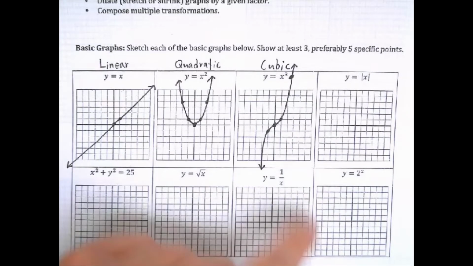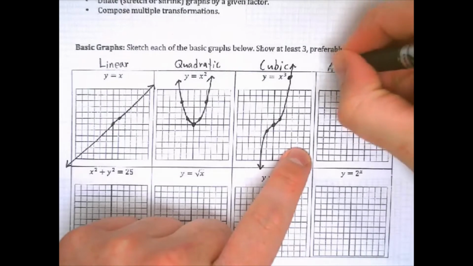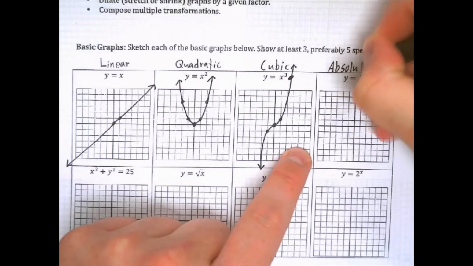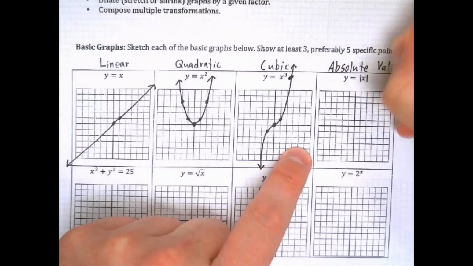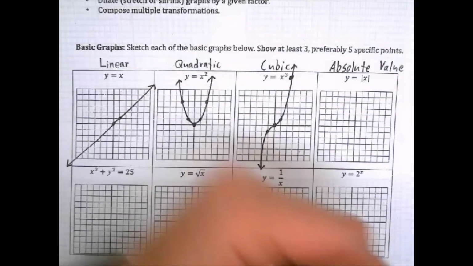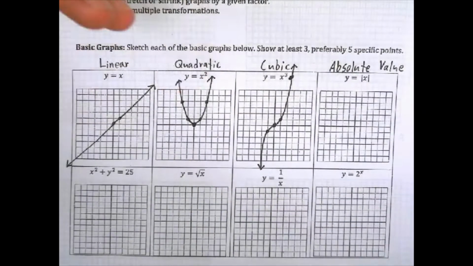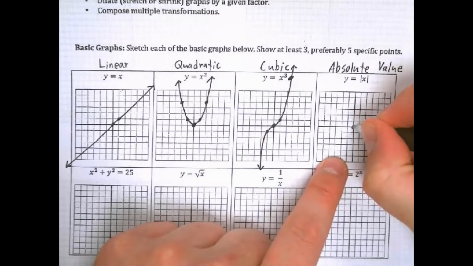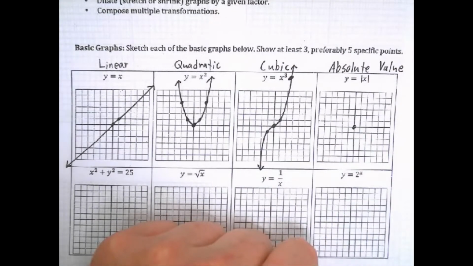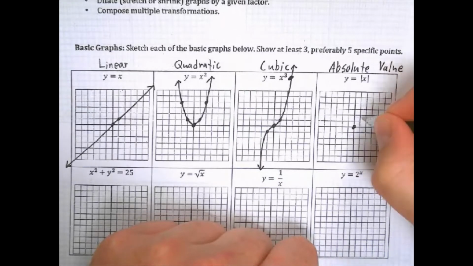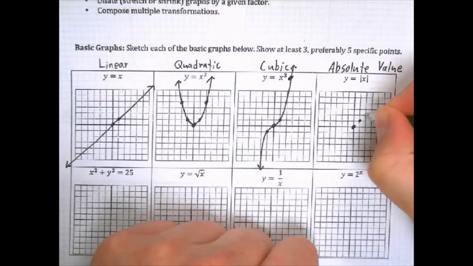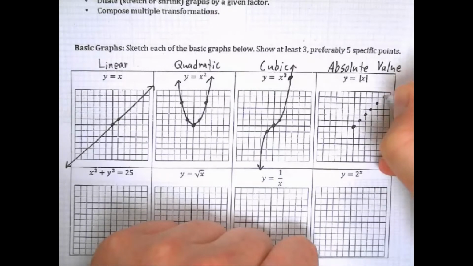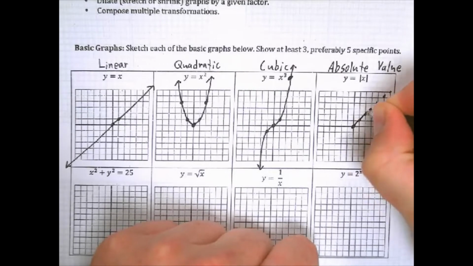Okay, absolute value. Absolute value, very similar to a line. You'll have a negative constant slope, a positive constant slope, and it will meet at a vertex. So the vertex for the parent function will be at 0, 0. And then the absolute value of 1 is 1, so it'll end up being a slope of 1 on the right-hand side going up to positive infinity.